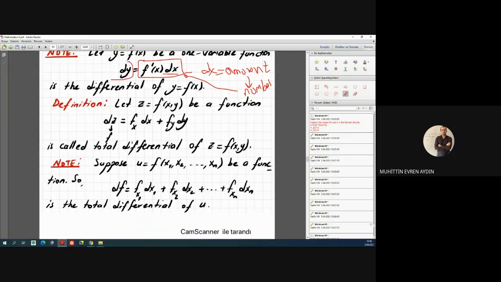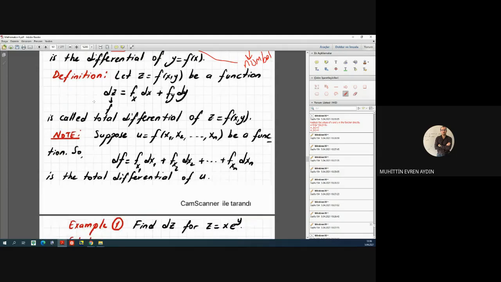Then the differential of y, namely the differential of function f, is the multiplication of the derivative of f with respect to x with the number dx. Dx is a replacement on the x-axis.